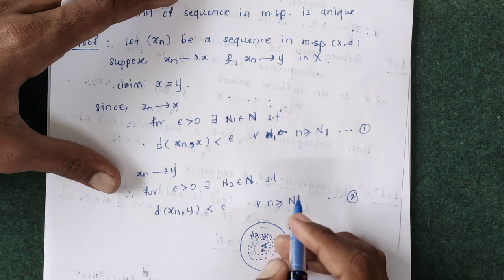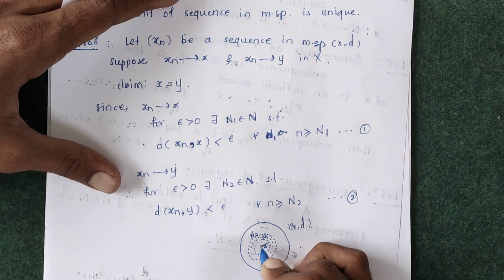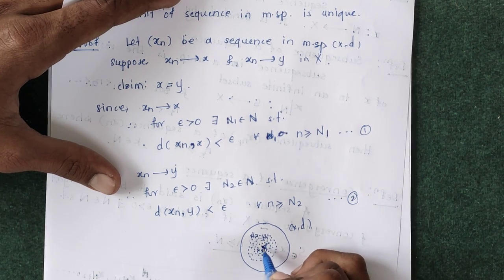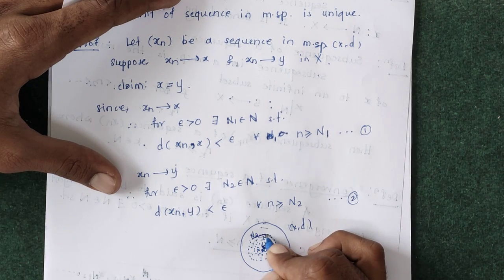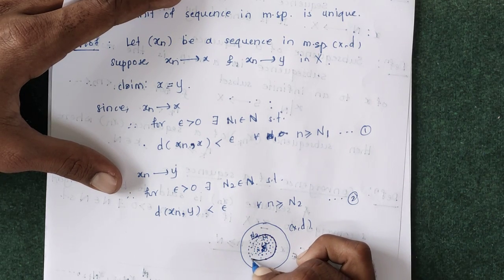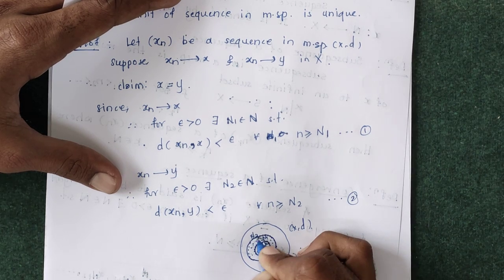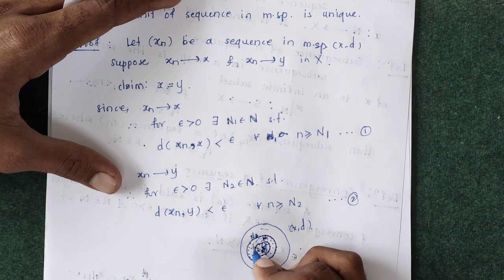So if we choose the maximum between n1 and n2, suppose n1 is the maximum, then the condition is satisfied for both cases, for all the xn which are very close to x, or here we know that x and y are equal because the limit is the same. So suppose this was our first open sphere, this was our second open sphere, and this is n2, this is n1.